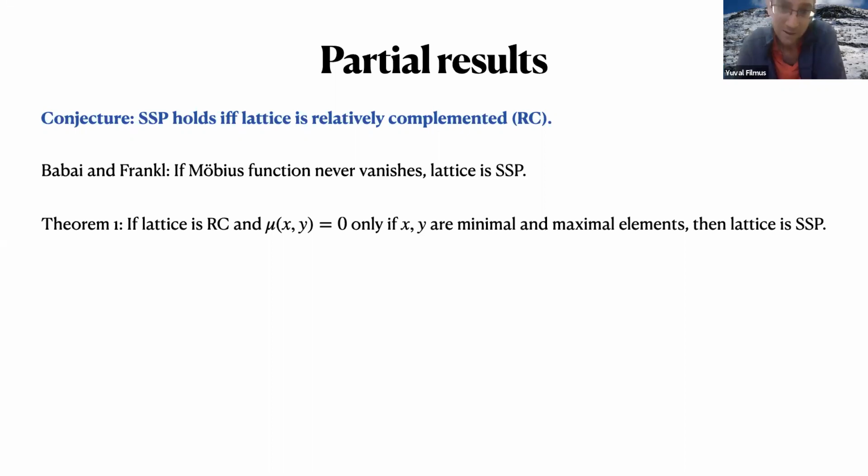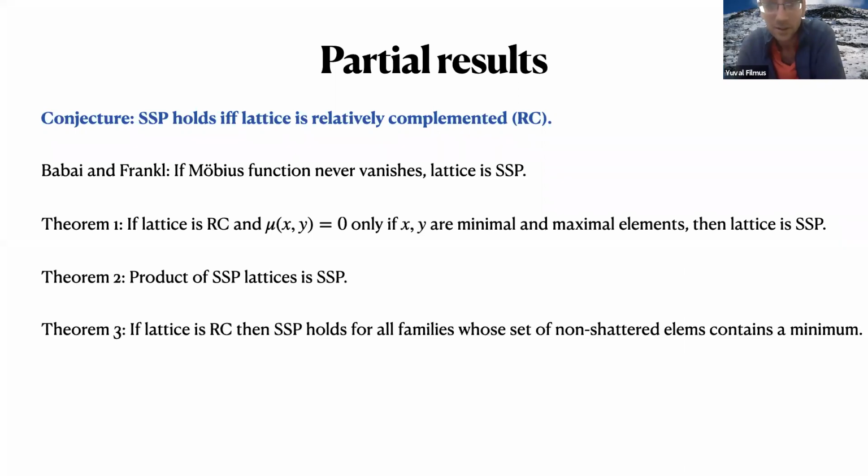This is one thing we show. We can show that this SSP condition is closed under taking products, the usual notion of product of posets. We also have a more complicated condition, which shows that something like SSP holds for some families when the lattice is relatively complemented.